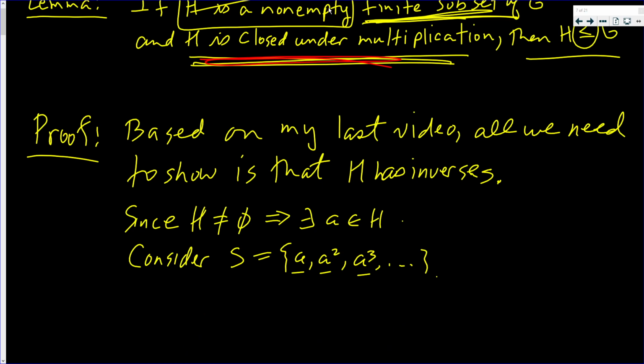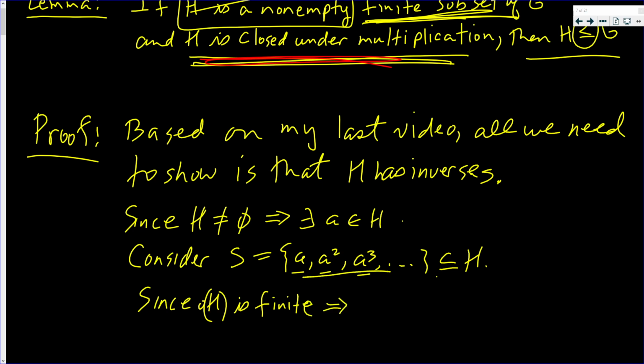Okay, so now this set S is a subset of H. Now, since the order of H is finite, the order means the number of elements in H, is finite.